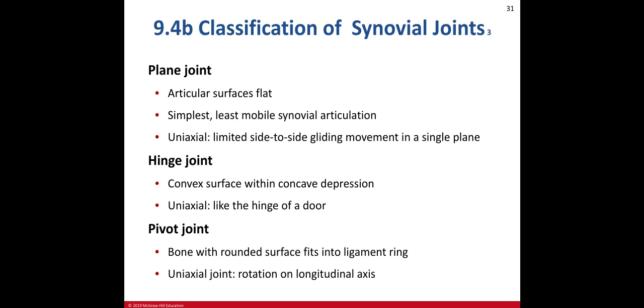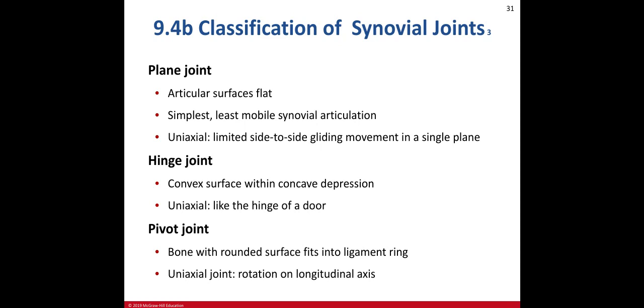You can also end up with a hinge joint where you've got one surface that's shaped like a little bowl and the other fits into it like a little knob. So you've got the convex, little knob shape, and concave depression, and it acts like a hinge on a door. You can then get a pivot joint.